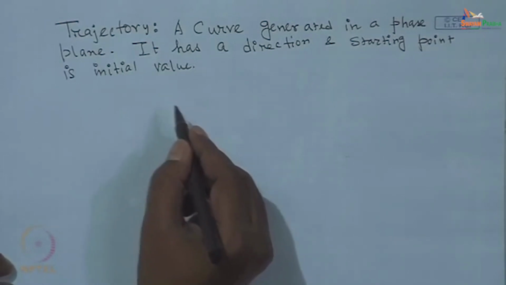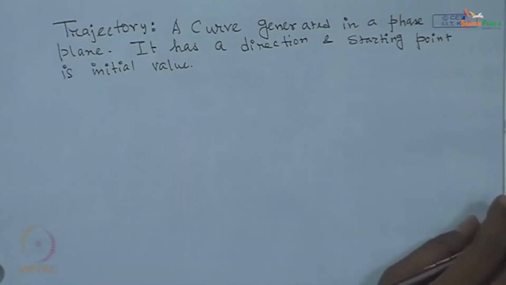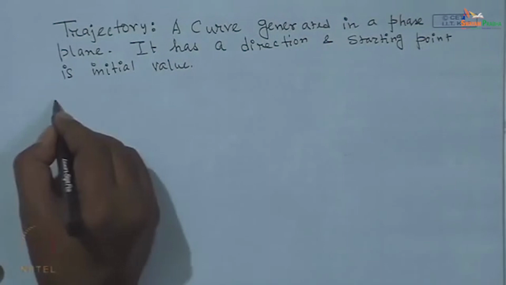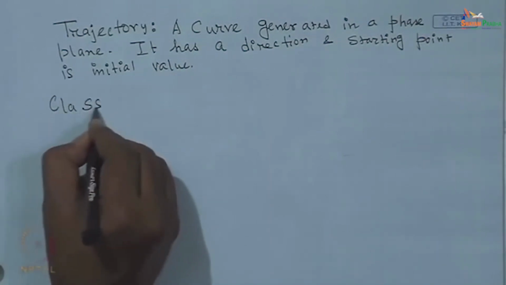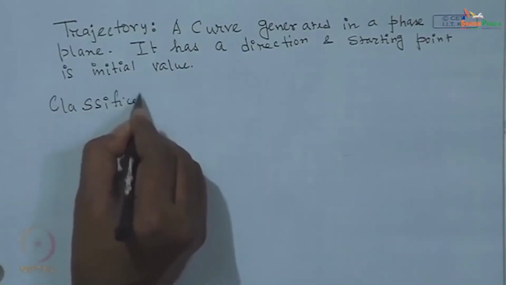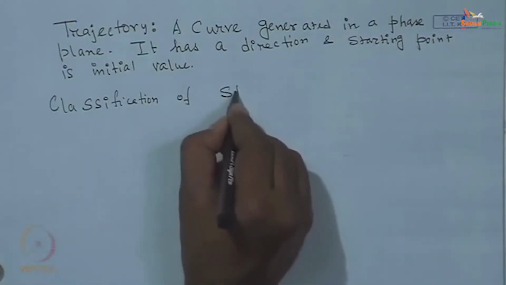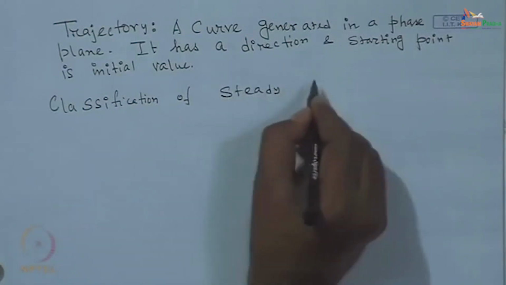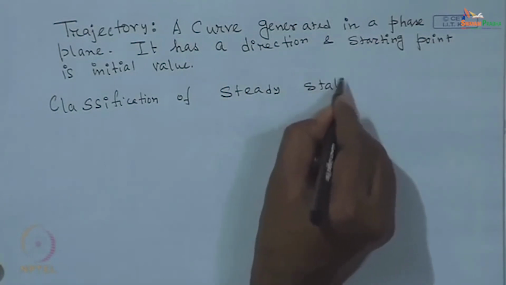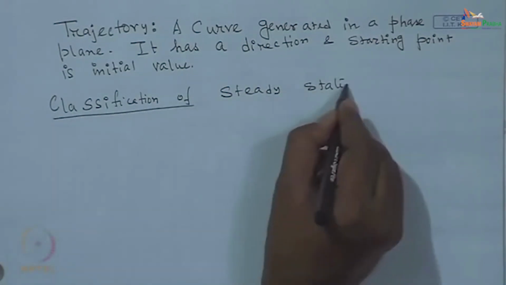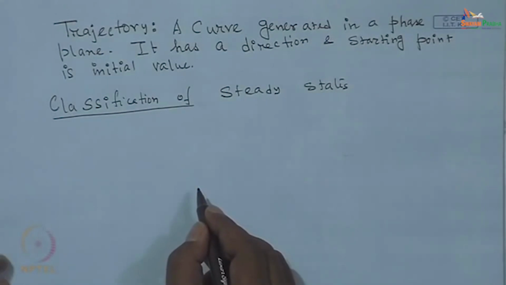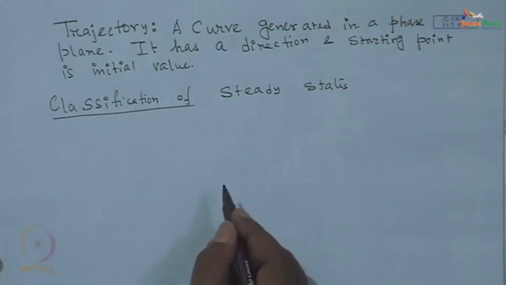Okay. Now, next we classify the various steady states. These are quite important, and you will come across several terms later on, such as unstable saddle, unstable node, focus, stable focus, unstable focus, and so on.